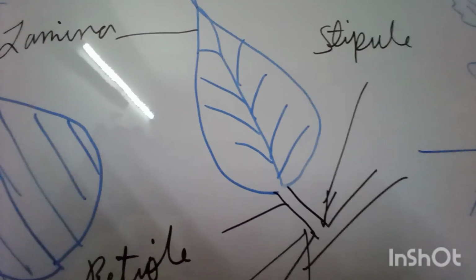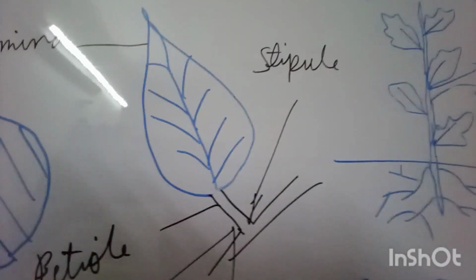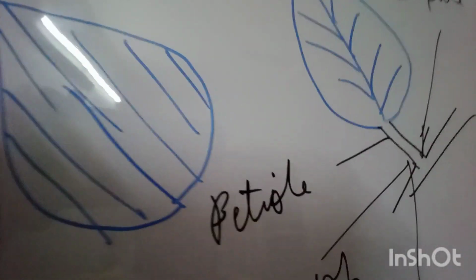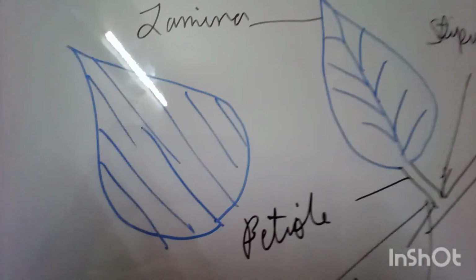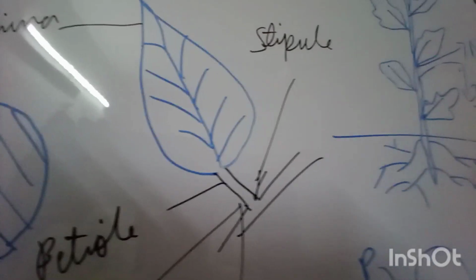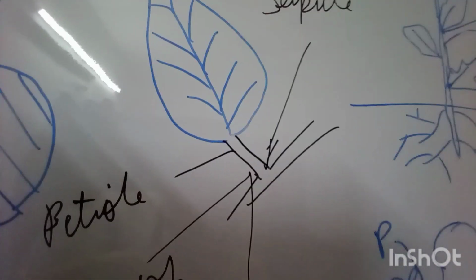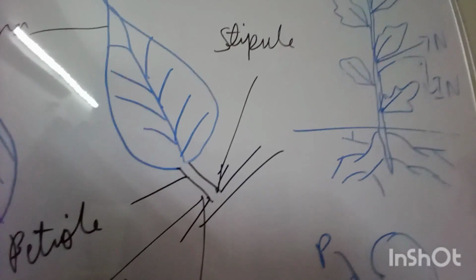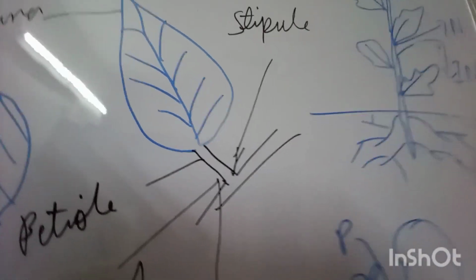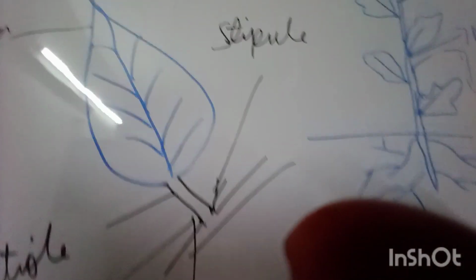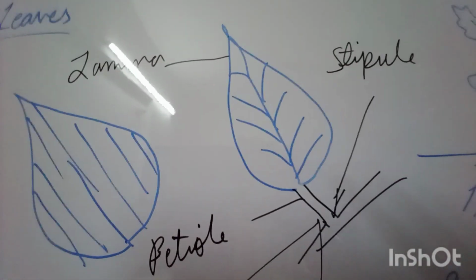In parallel venation, there are parallel veins on a leaf and one main mid vein. And in reticulate venation, there is one main mid vein and many subdivision veins, venulets. So this is the major difference between parallel venation and reticulate venation.